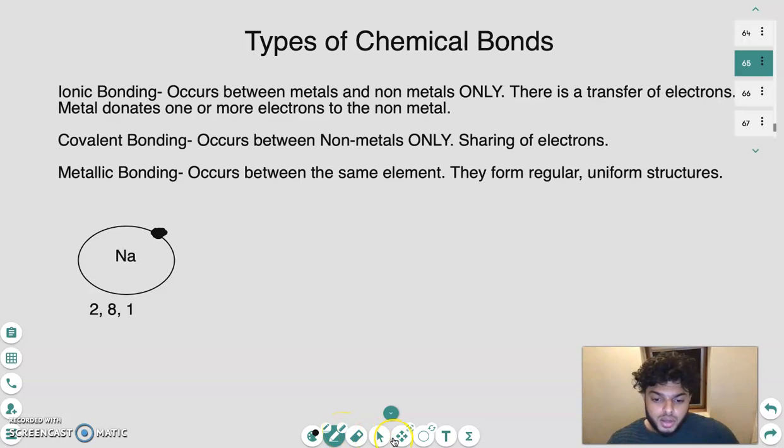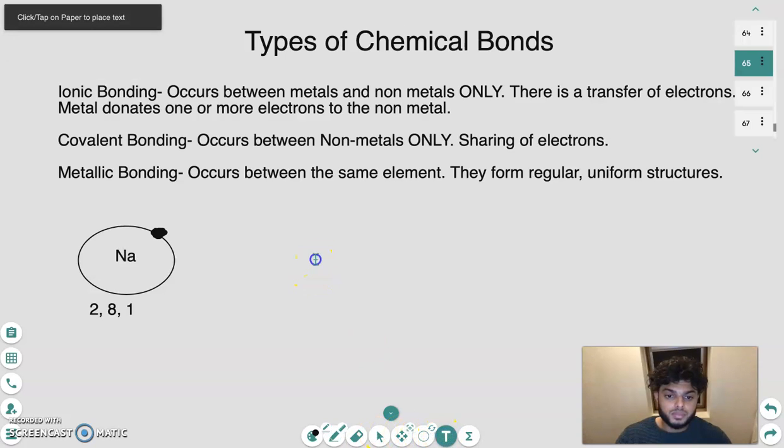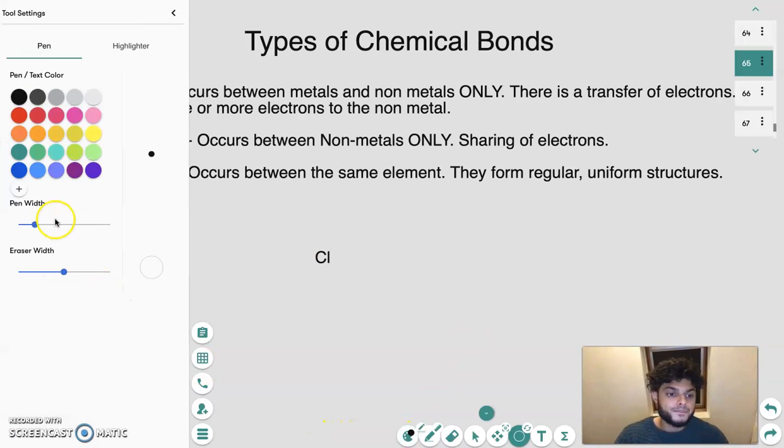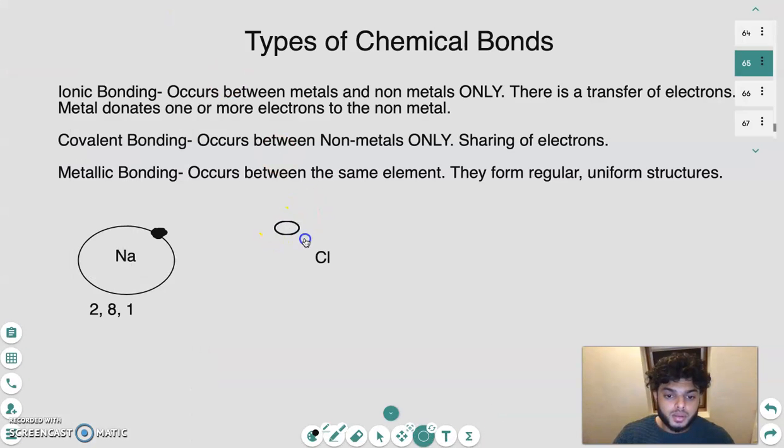Let's take chlorine now. So earlier I said there are 2 ways that you can deduce how many electrons there are in the outer shell.